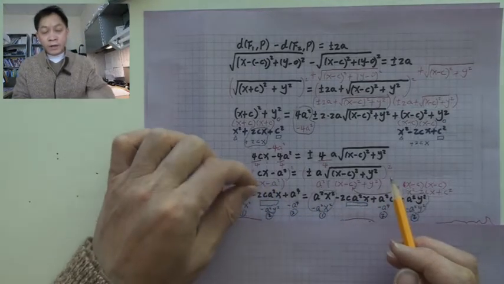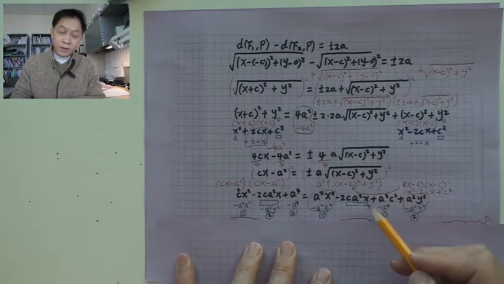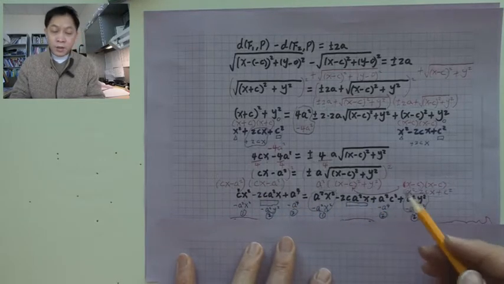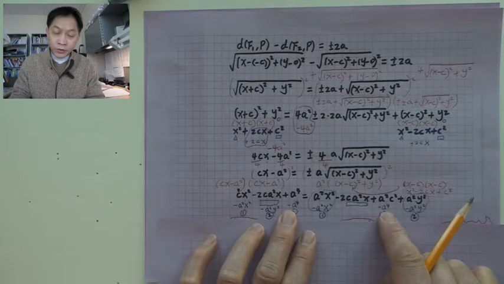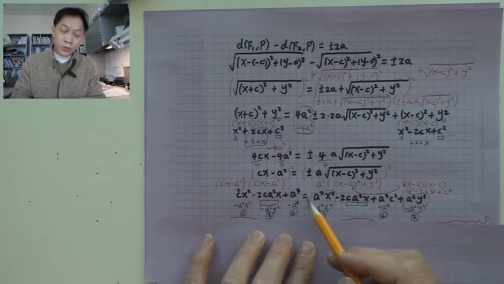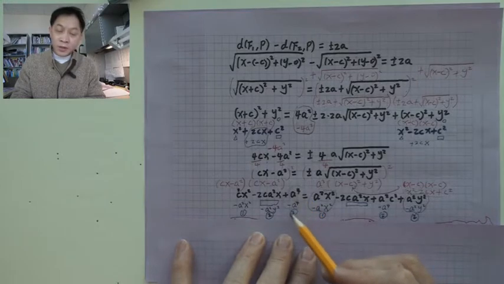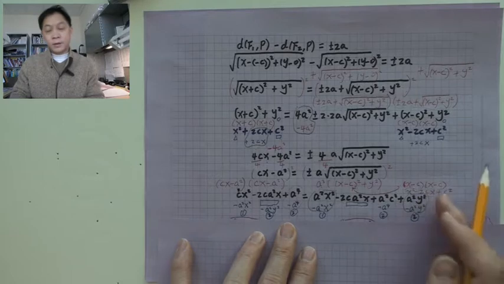Left hand side cancels left hand side, right hand side cancels right hand side. So we are glad to see those two terms disappeared. The third one would be this one, minus a to the fourth on both sides, because I like to see this one disappear on the left and this one will combine.